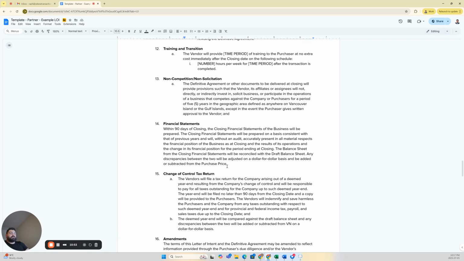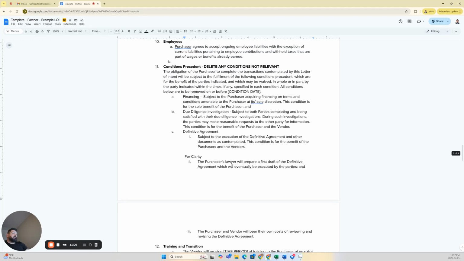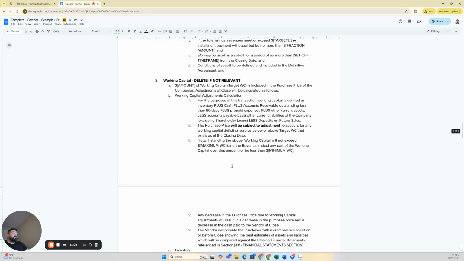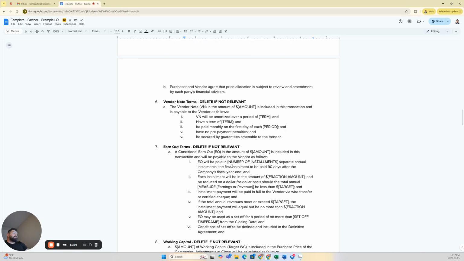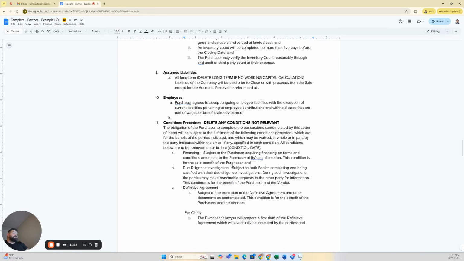Depends on if they're assuming the balance sheet or not, but it's going to help for calculating the working capital as well. There might be a post-closing adjustment for work in process and working capital. There is no WIP clause in here, and I do think a WIP clause should be in here.